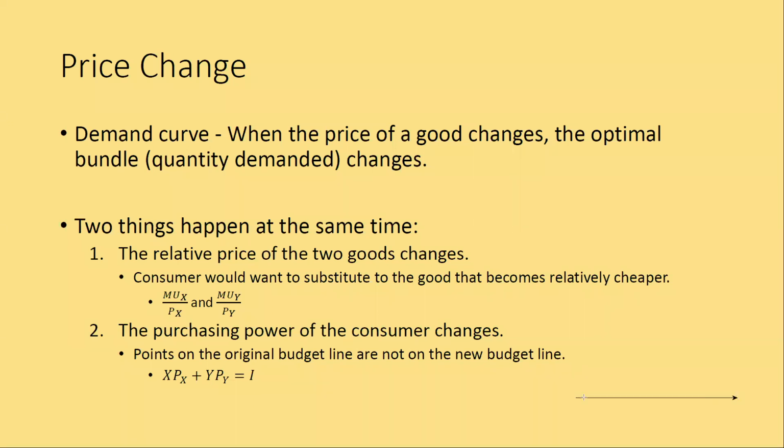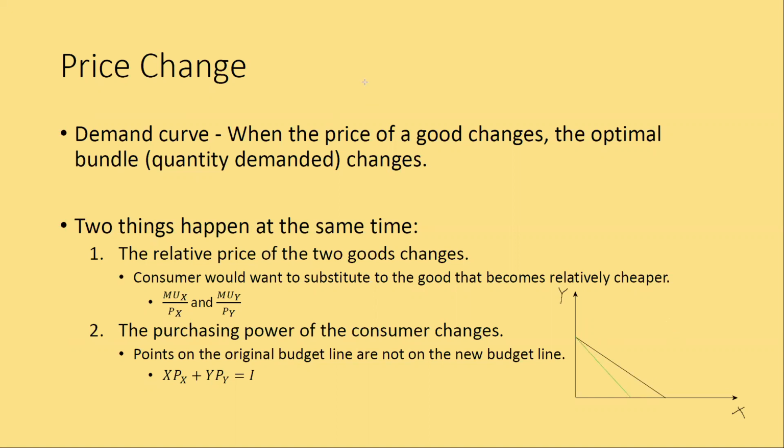I'm just going to draw a rather simple graph. So let's say this is the original budget line. When the price of good X increases, this is X, this is Y. Now say the price of good X increases, then the new budget line will look something like this.